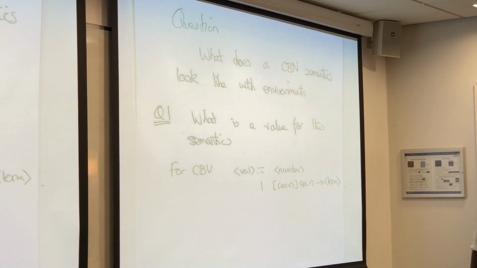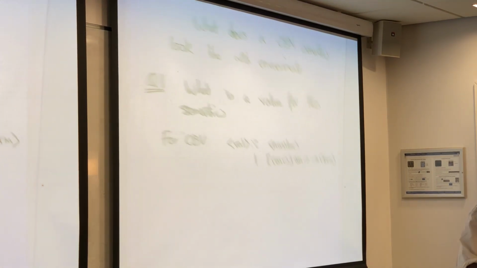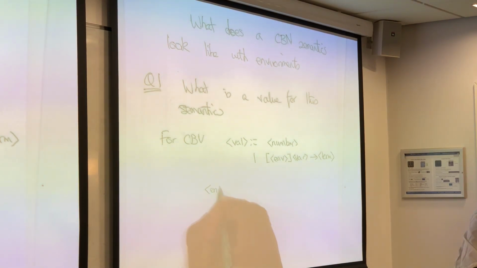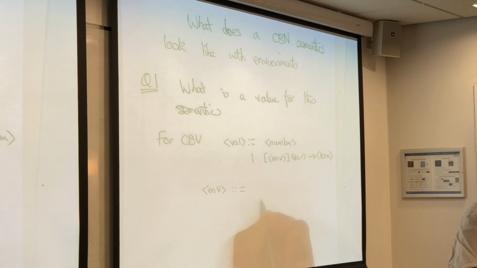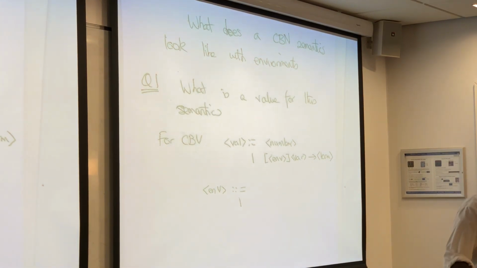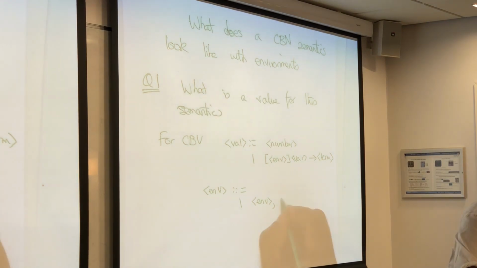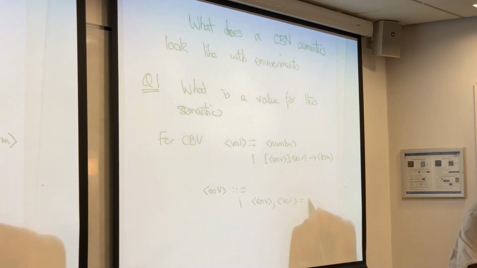And of course, if that's what values are, I have to say what environments were. Environments were either empty, or an environment you've already built and then a variable equals a value.